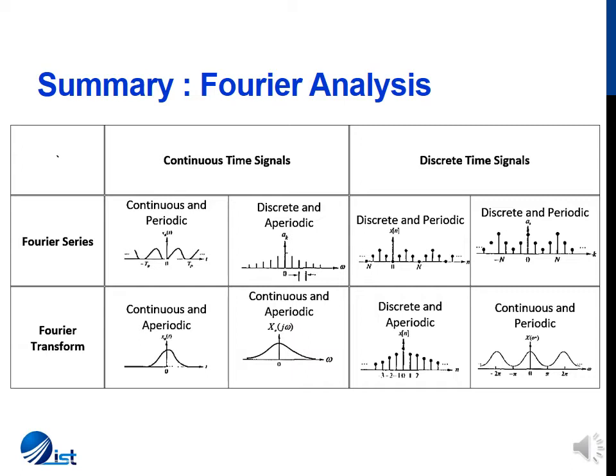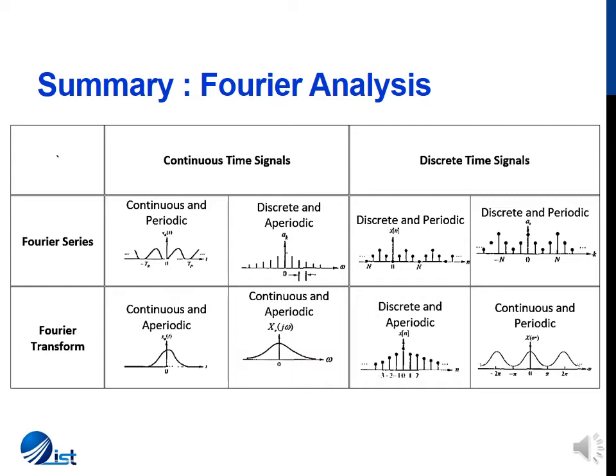So given in front of you on the slide is a summary of the Fourier analysis technique, or you can say a summary of how the spectrum looks like for a particular type of signal. We remember that for periodic signals we used the Fourier series, and in case of Fourier series the spectrum was discrete. That is why it was termed as a line spectrum.